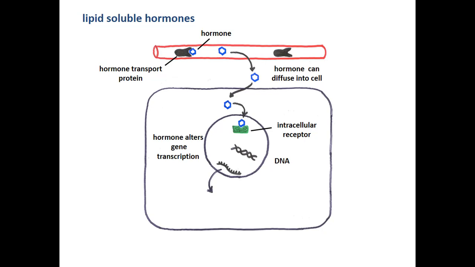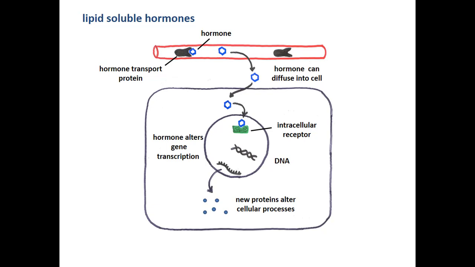In this case, the intracellular receptor shown is inside the nucleus, and this is a common scenario. And the hormone, through interaction with its receptor in the nucleus, can alter gene transcription. And of course, this means altering the kinds of proteins that are produced. And these proteins could be ion channels, they could be other enzymes that activate chemical reactions, they could be receptors, they could be structural proteins, they could be regulatory proteins, and so on.